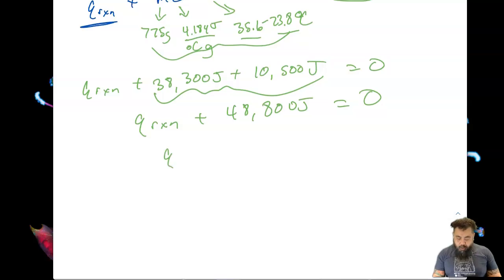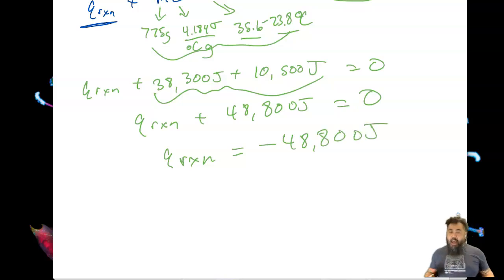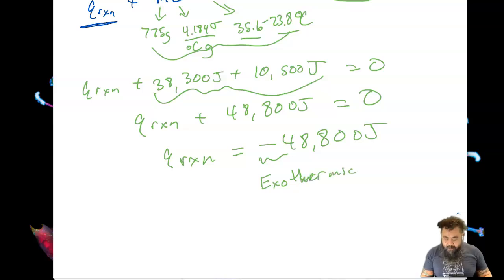Then our Q of the reaction should equal negative 48,800 joules. And that should make sense to us, because we have a negative number, so we should have some sort of exothermic reaction. It makes sense in terms of the combustion of our glucose.